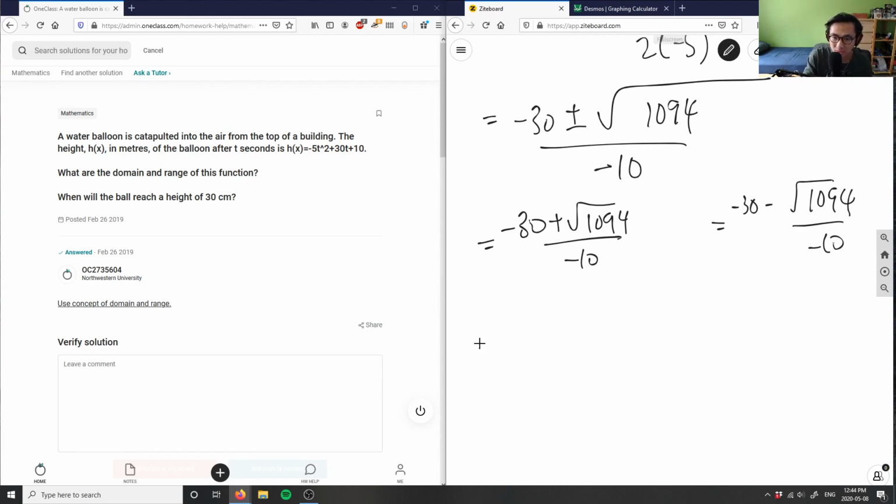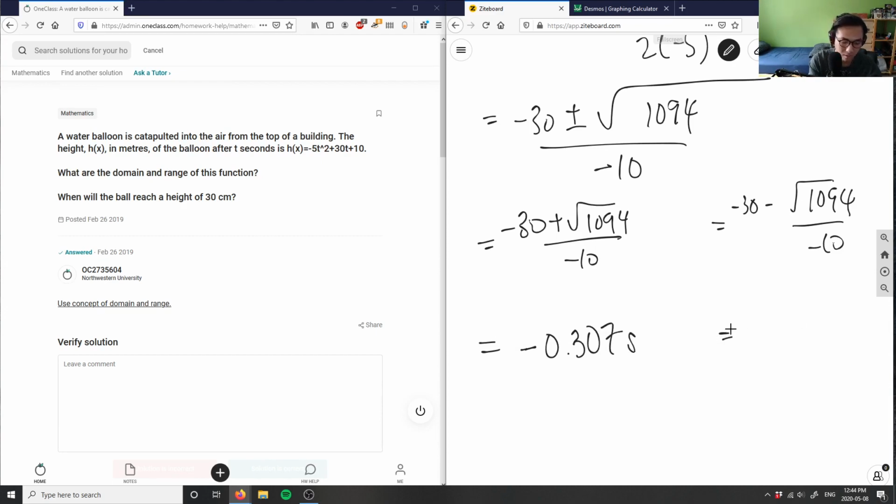These two are my answers for the t values. Then I'm going to put these into my calculator. Usually one of these is going to be negative, and I can't have a negative time, so I'm just going to cross out that answer and take the other one. This is my negative answer, negative 0.307 seconds.